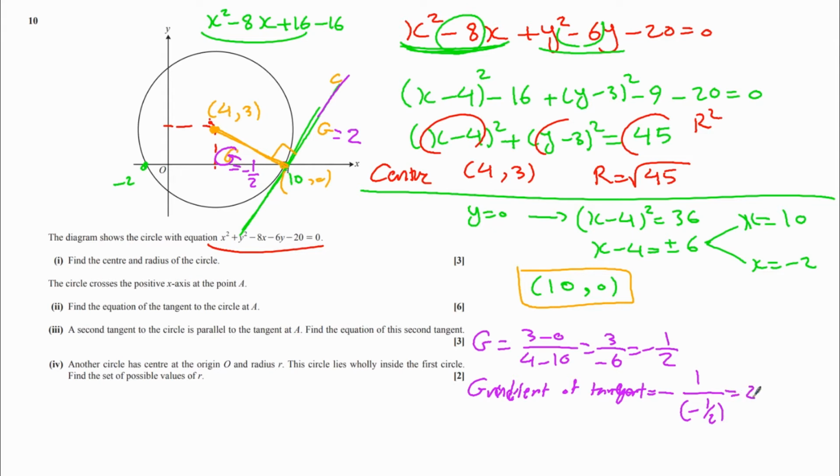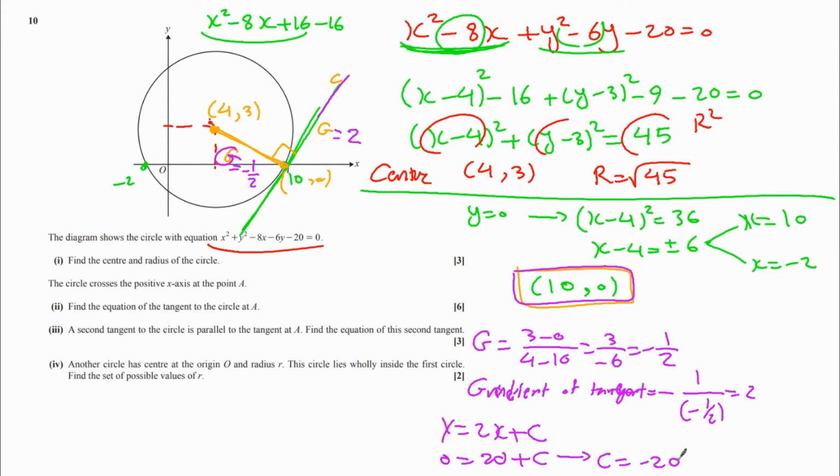Now I'm going to write the equation of the line C. y equals 2x plus c, where the gradient is 2. We find c by substituting (10, 0). So y equals 2x, which is 20, plus c. From here, c is equal to minus 20.